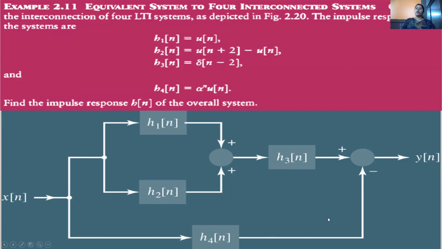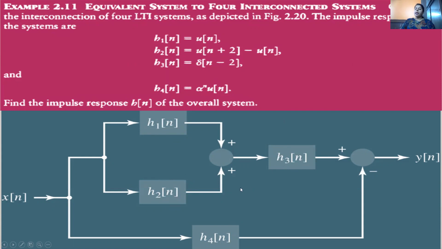So from this diagram itself, we will write the equation first. You just see H1 and H2 are in parallel. That is, I can write this overall response as H1 plus H2. Then this H1 plus H2 is connected in cascade, that is H1 plus H2 convolution H3.